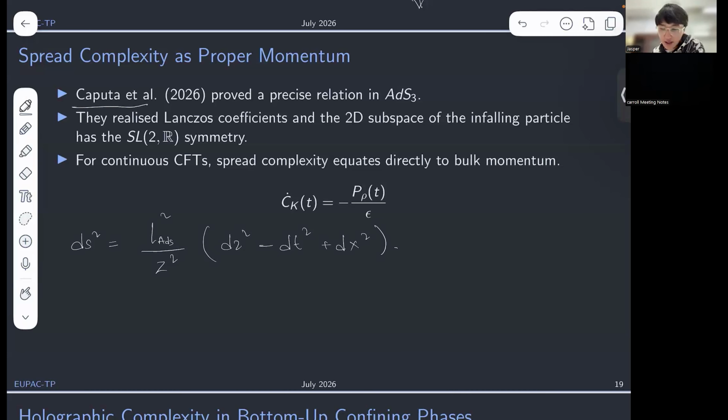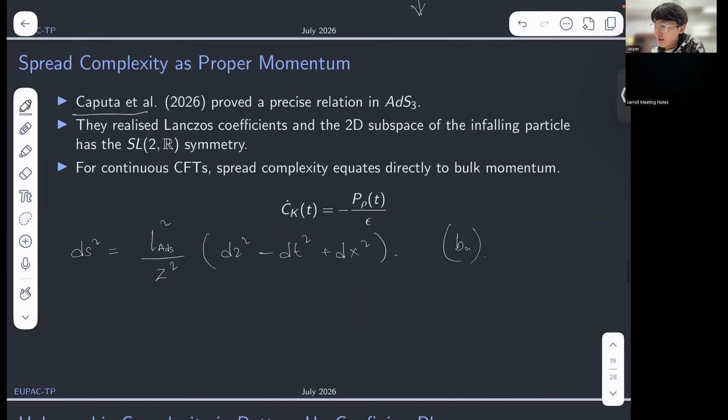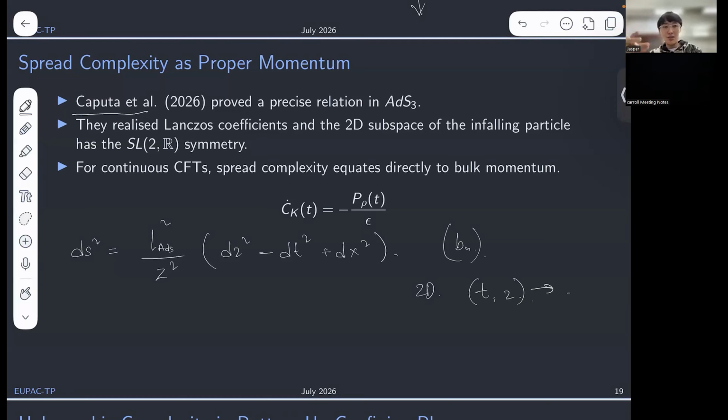So what they realized is that the Lanczos coefficients at the boundary, the b_n's, and the two-dimensional space felt by our infalling particle, that is t and z, the symmetries in this two-dimensional space felt by this infalling particle are governed by the same symmetry group, right?